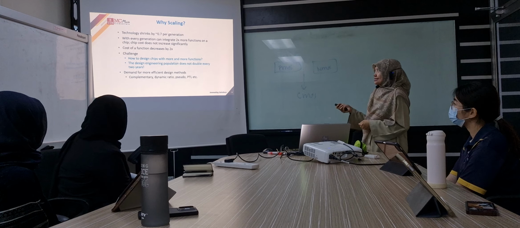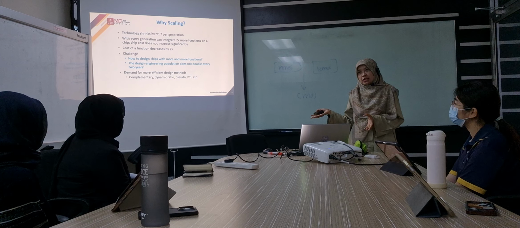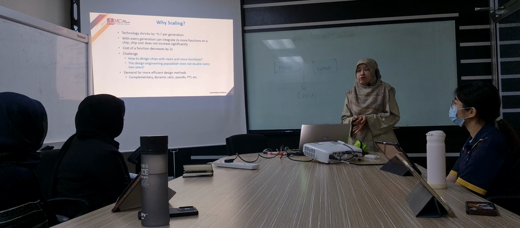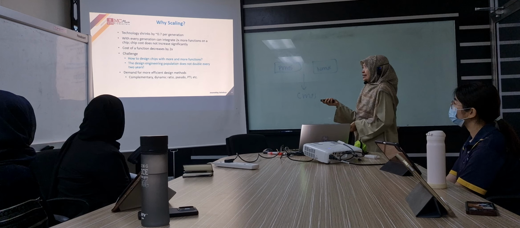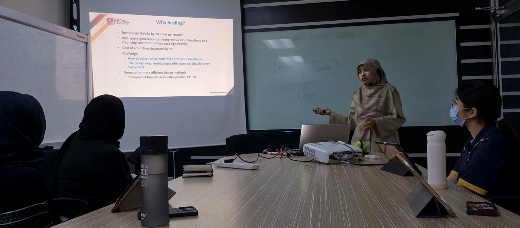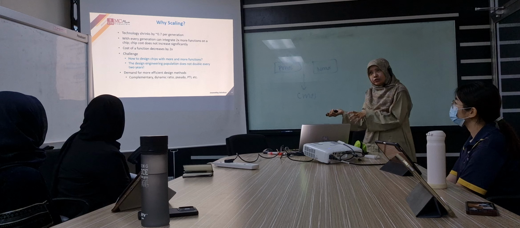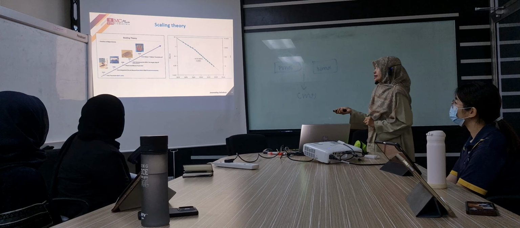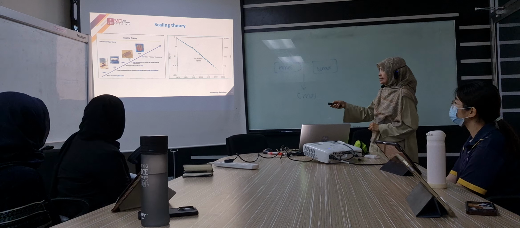So why scaling? Because we want to reduce the cost, but we want better performance of design. So we can apply different methods like complementary, dynamic ratio, pseudo network, and pass transistor using CMOS technology.